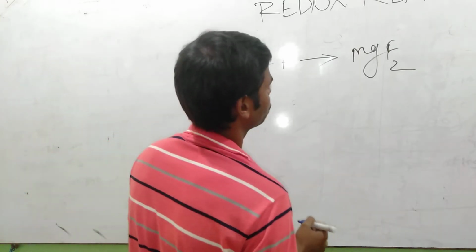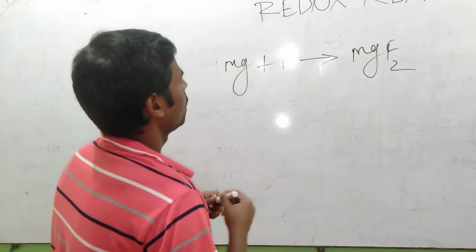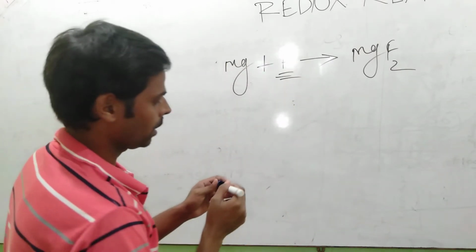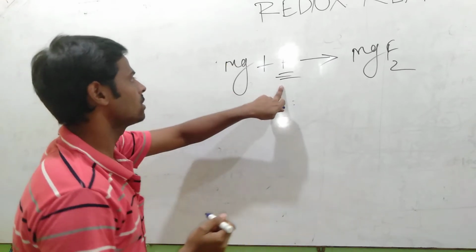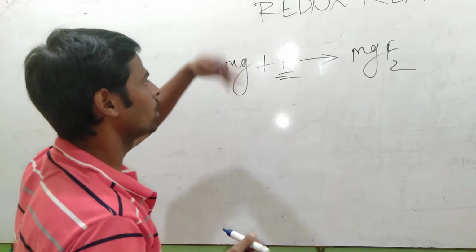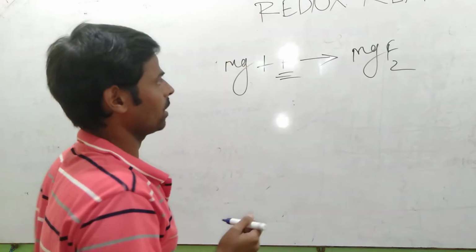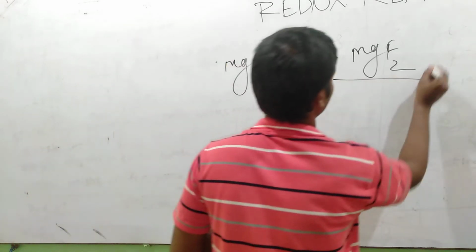Okay, in this reaction what happens? This is your electronegative element. Electronegative element combines with other element or substance and forms the product.